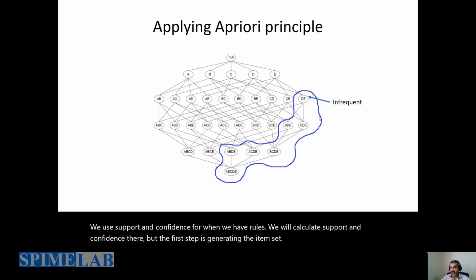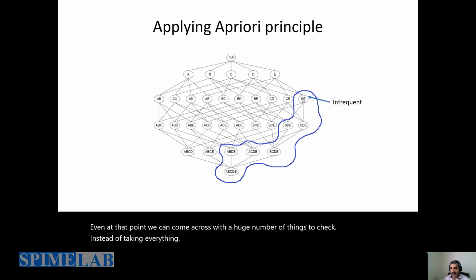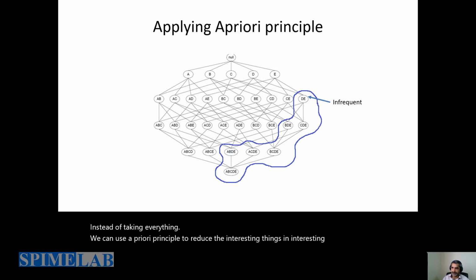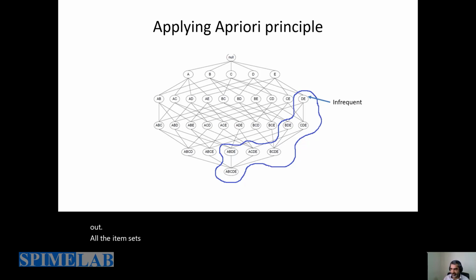Even at that point, we can come across a huge number of things to check. Instead of checking everything, we can use a priori principle to reduce the interesting item sets. So we can say our interesting frequency is, let's say, 50 or 10 or 100. So we want to filter out all the item sets that have less frequency than a threshold, 50, or 2, let's say.